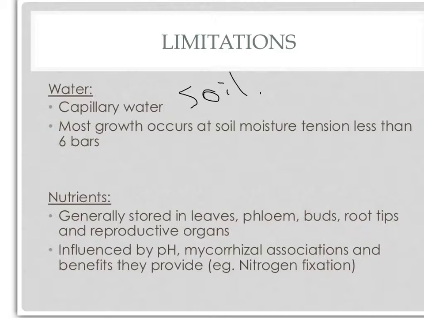Okay, so most growth occurs at a soil moisture tension less than 6 bars. Bars is a unit of measurement, and not to get too caught up in the different units of measurement, but what I'm just trying to say here is that a tree needs to exert more force to take this water than the tension within the soil.